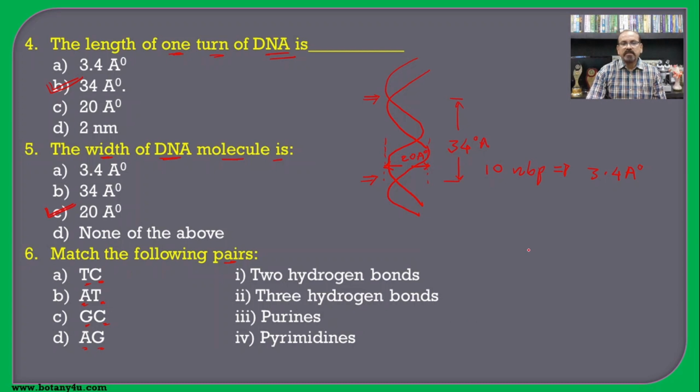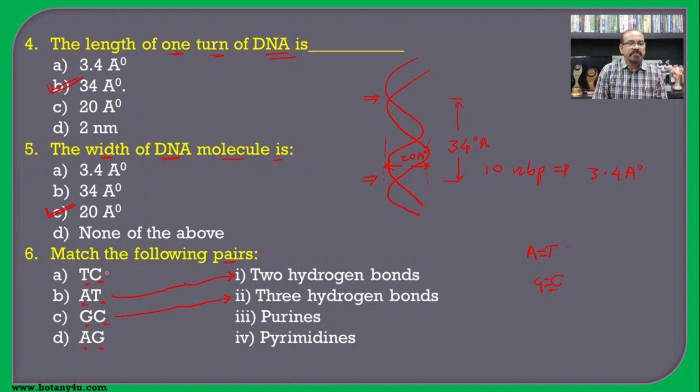Earlier we have seen the nitrogen base pairing: there are two hydrogen bonds between adenine and thymine, and three hydrogen bonds between guanine and cytosine. So adenine and thymine have two hydrogen bonds, and guanine and cytosine have three hydrogen bonds between them during complementary nitrogen base pairing.